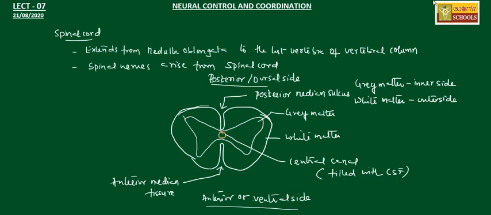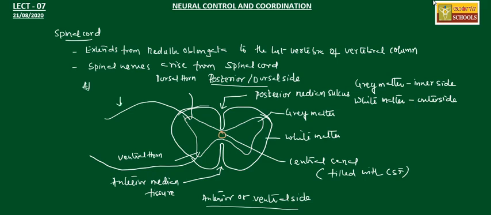Next, this is the dorsal horn, and this is the ventral horn. The afferent pathways will enter through this dorsal side, which we'll see later.